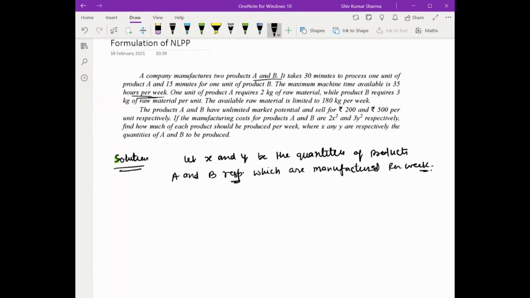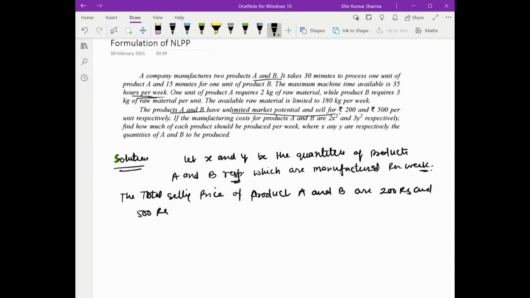And the total selling price of products A and B is 200 rupees and 500 rupees per unit respectively.